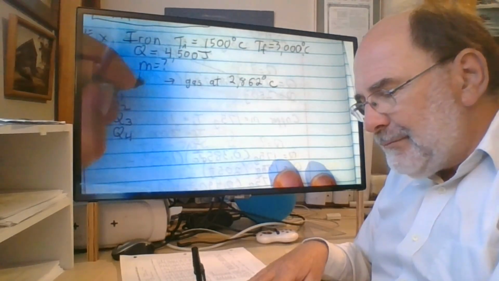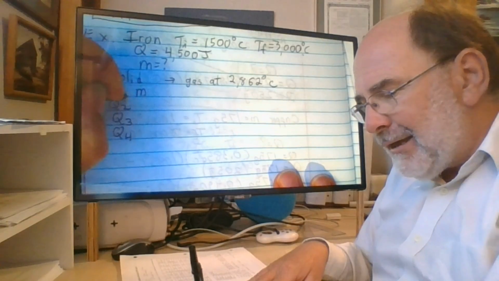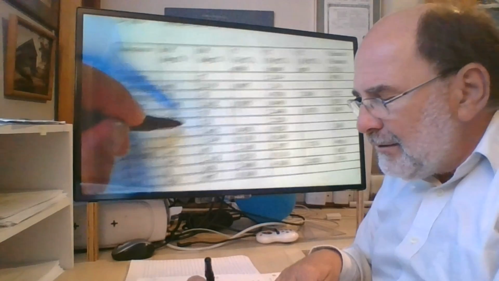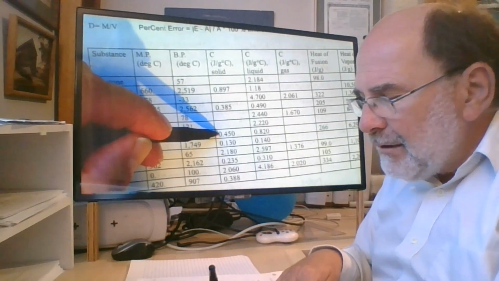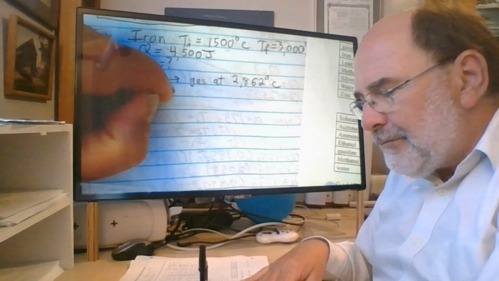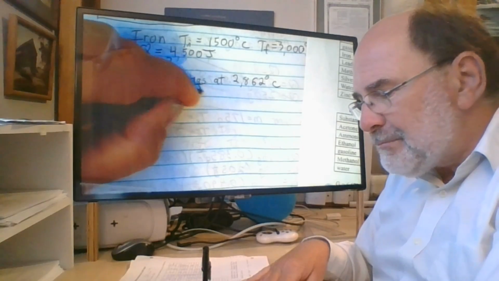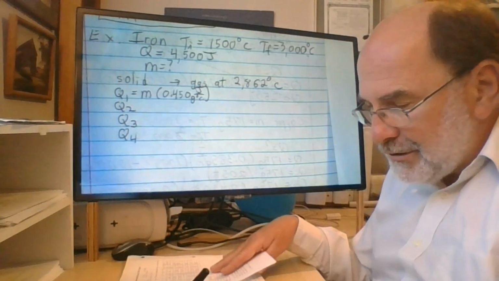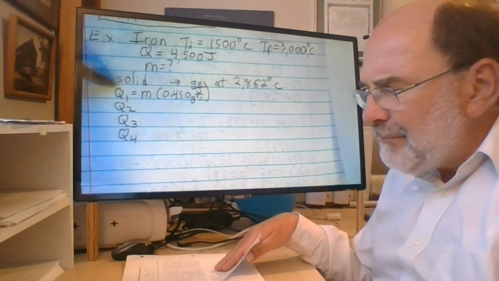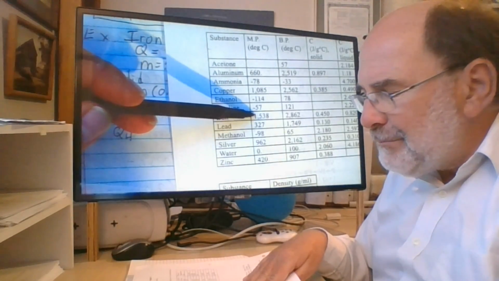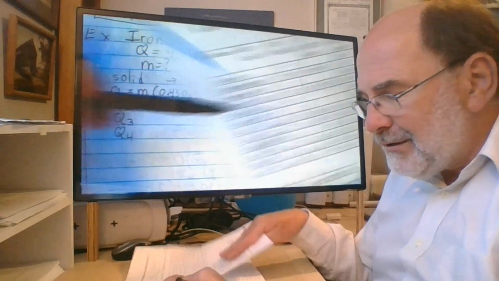For the first one, it's going to be the unknown mass times the specific heat of solid iron, which is 0.450 joules per gram per degree C times the change in temperature. So I'm starting at 1,500 degrees. Its melting point is 1,538 degrees.